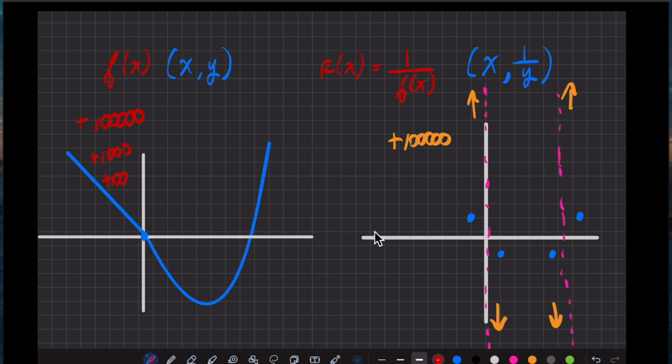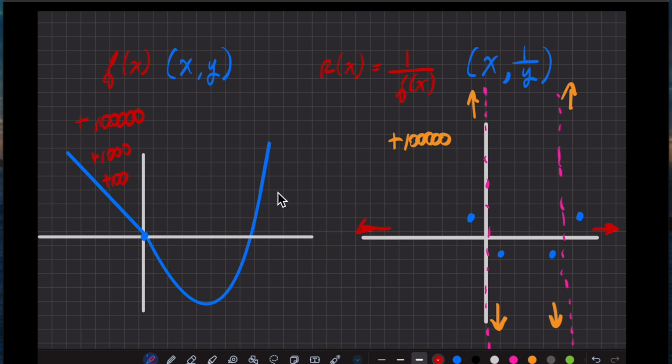Positive 1 millionth means we are approaching 0 from the positive side. Here, we're going to do the end behavior of our graph as x approaches positive infinity. Folks, our original graph is doing the same thing. It's approaching positive infinity. That means on our reciprocal graph, it's going to approach 0 from the positive side.